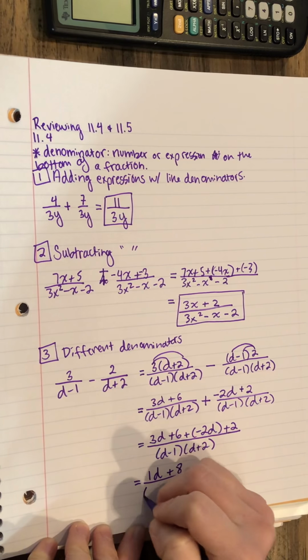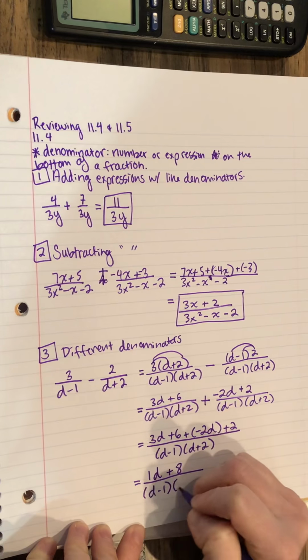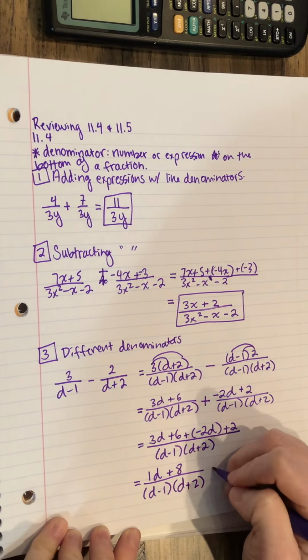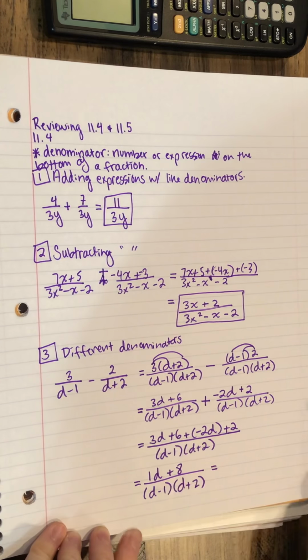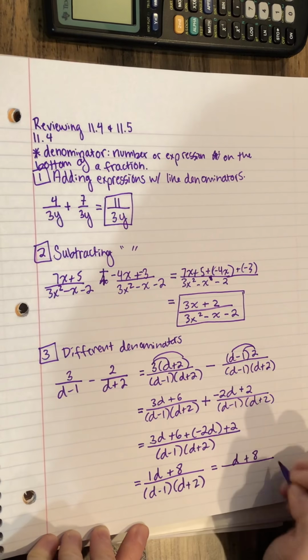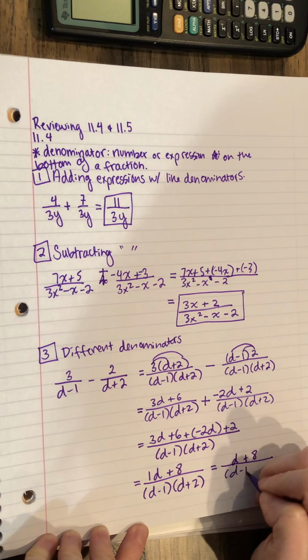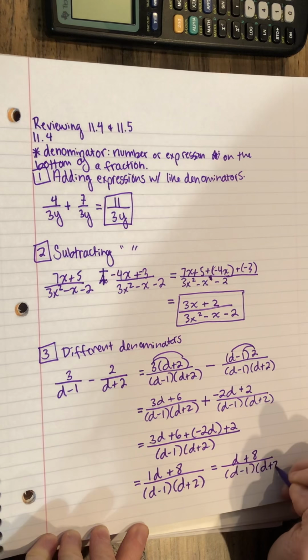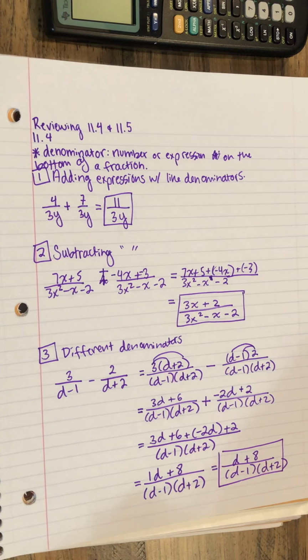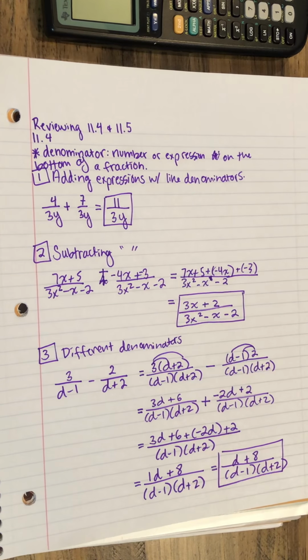All over d minus 1, d plus 2. And just because we know that 1d is the same thing as d, we'll rewrite that: d plus 8 over d minus 1 times d plus 2. All right, and there is your refresher of section 11.4.